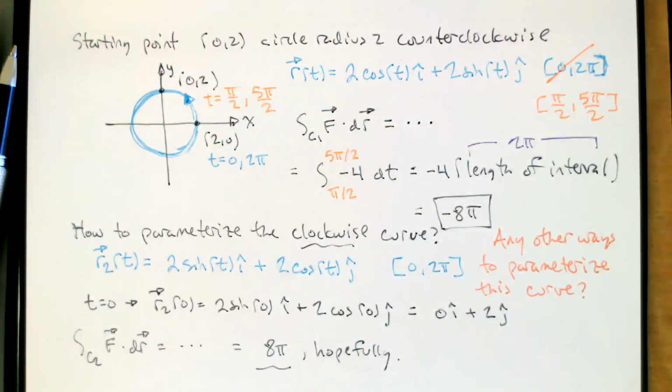Here's the advantage that we have. We know what we are hoping will happen. Reversing the direction will just change the sign to a positive 8 pi. We have an integral, we got to think about what kinds of things would change the sign of our integral. What kind of simple changes can we make to our integral that would just change the sign of the result?